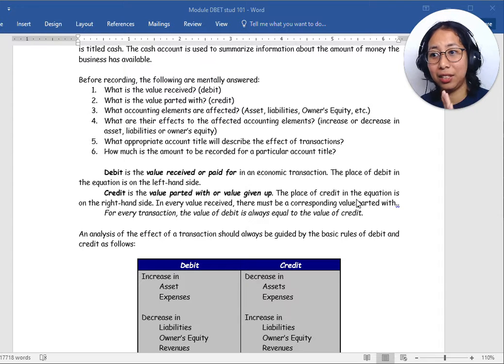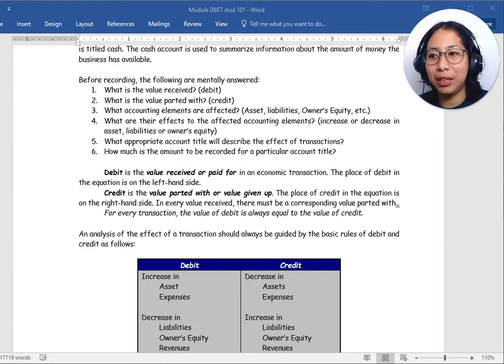Nag-increase ba? Nag-decrease ba? Si asset, si liability, si owner's equity, si revenue, or si expenses? What appropriate account title will describe the effect of the transaction and how much is the amount to be recorded for a particular account title? Those are the questions that we have to answer in recording transactions.